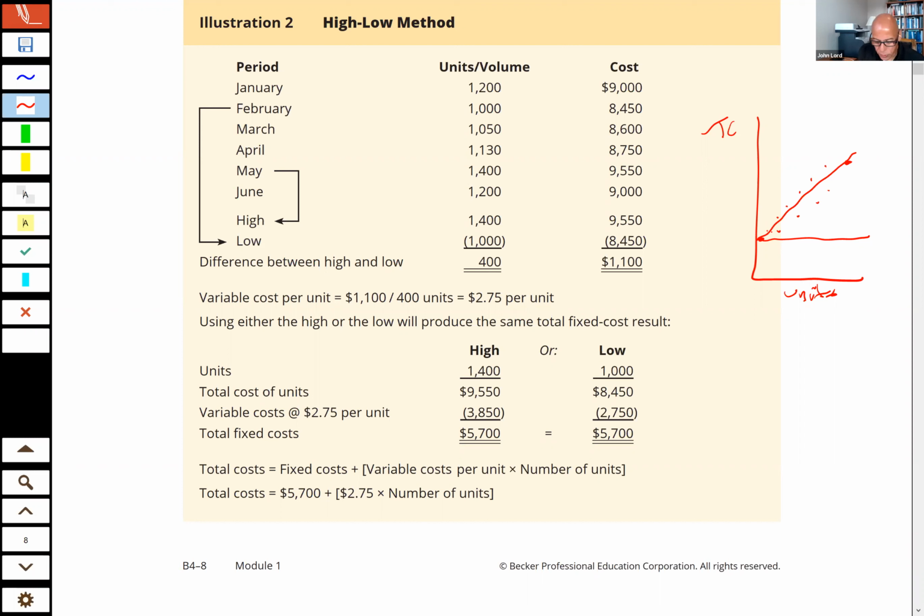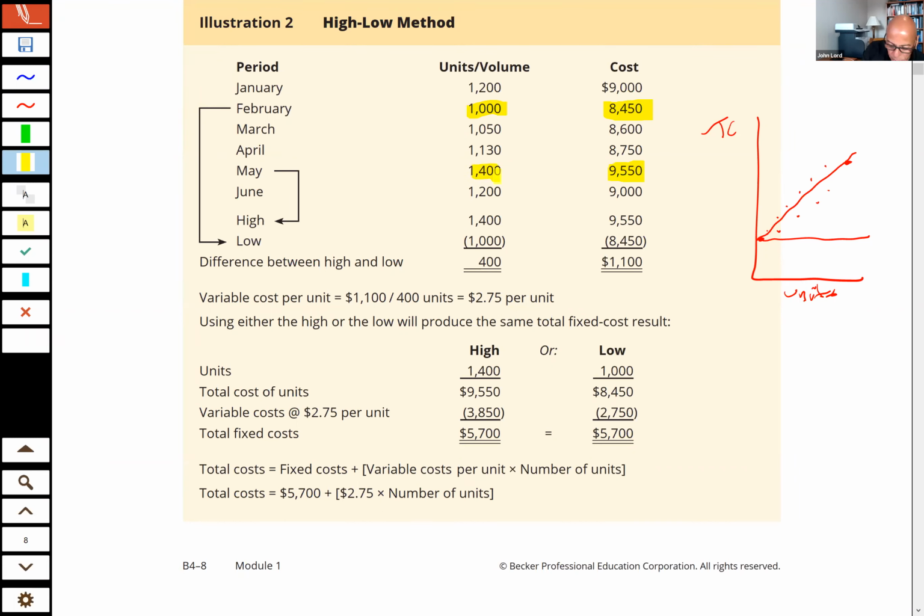Now, what we do is we pick the high and the low. The high month is 8450. The low month is February here. The high month is, I guess, May.